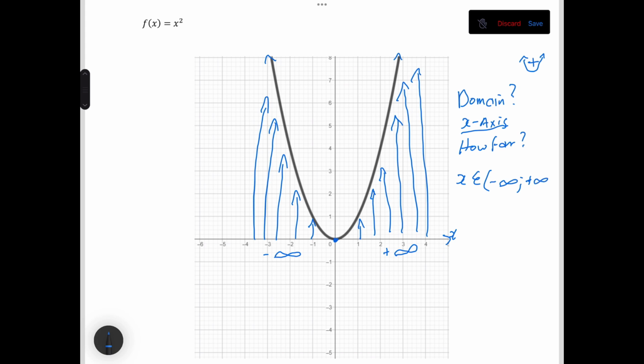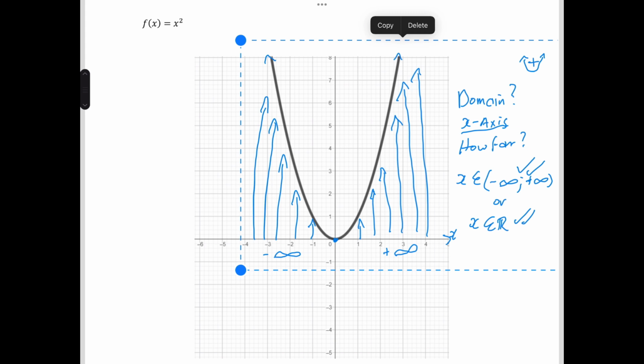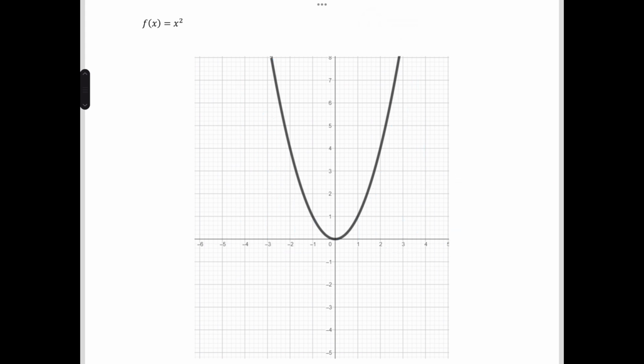If it was a number like 1,000 or 100, we would have used square brackets, but we use it simpler. We can also say x is an element of the real numbers, and there we're done. That is the domain, and that is how easy it is, people. Drawing these arrows shows you actually where the graph goes. Right, let's try the range.